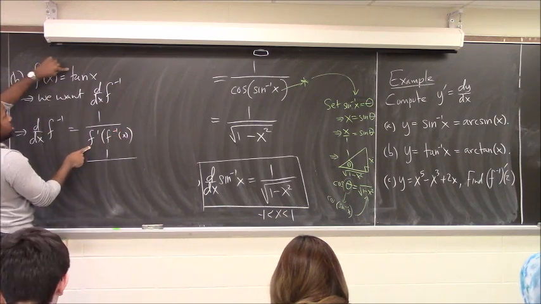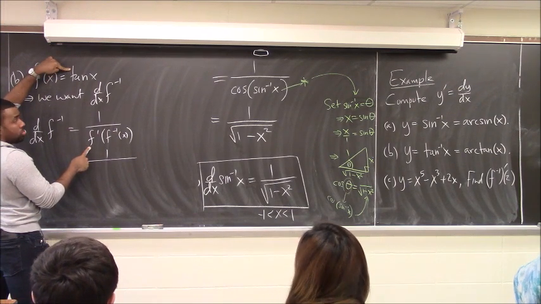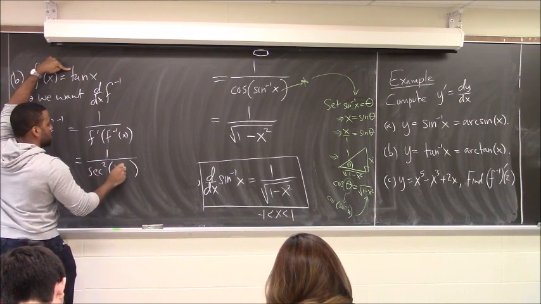The derivative of tangent is what? Secant squared of tan inverse.